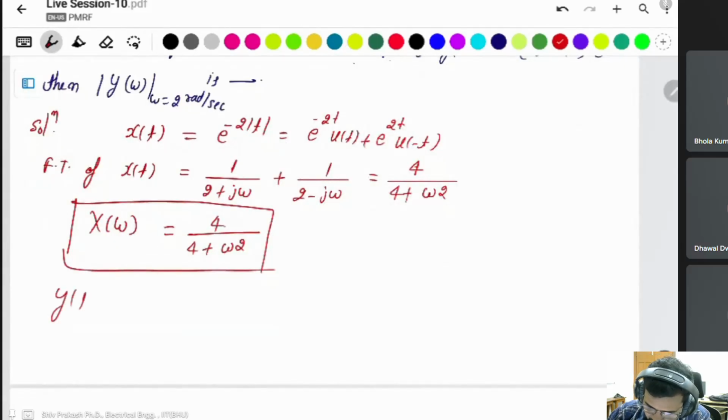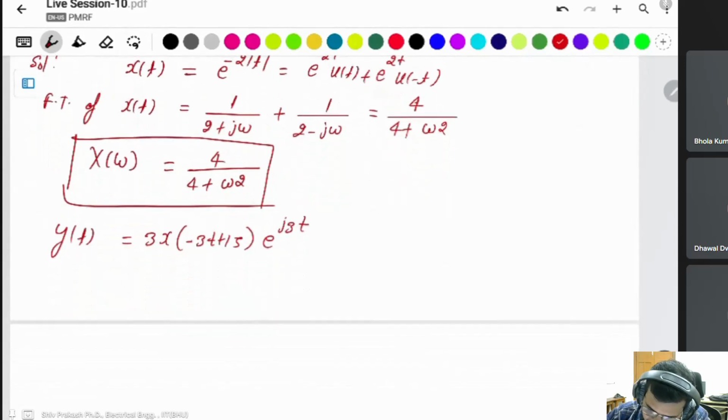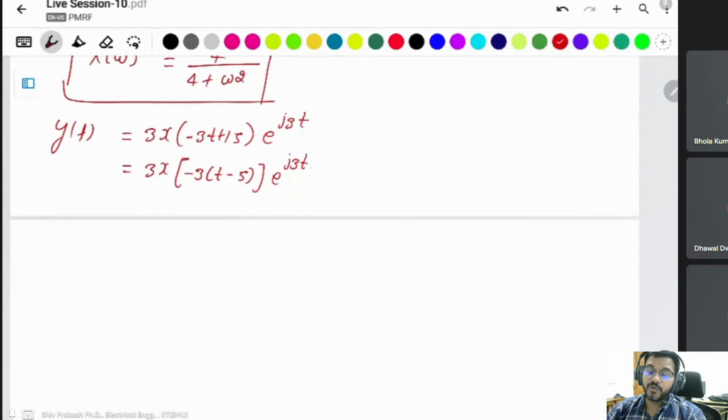Yt, first of all, write as yt is equal to 3x of minus 3t plus 15 e to the power of j3t. This can also be written as 3x of minus 3, taking common, t minus 5, e to the power of j3t. We have to find the Fourier transform of this one. A lot of properties are used here. Okay, don't worry.